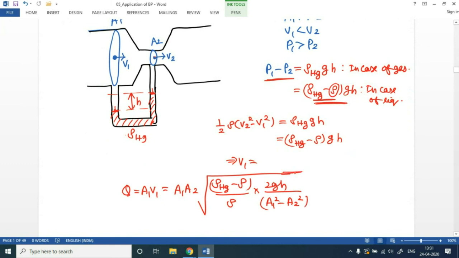You can observe the change: in the previous Venturimeter this term was not there, but in this inverted Venturimeter this term is over here.